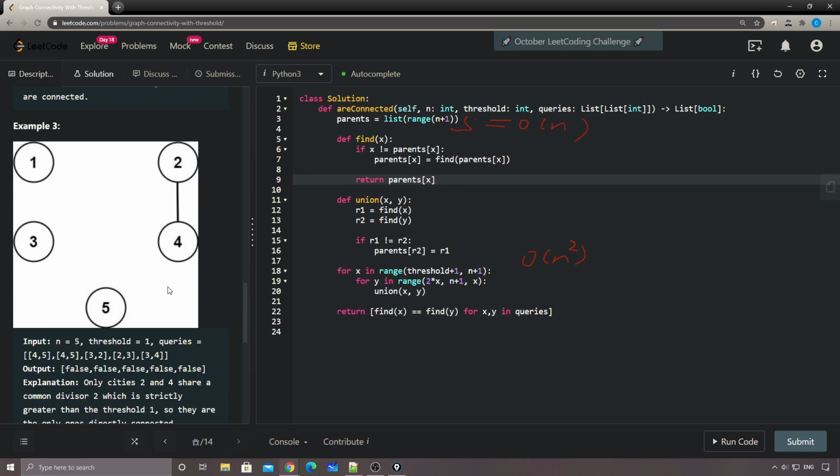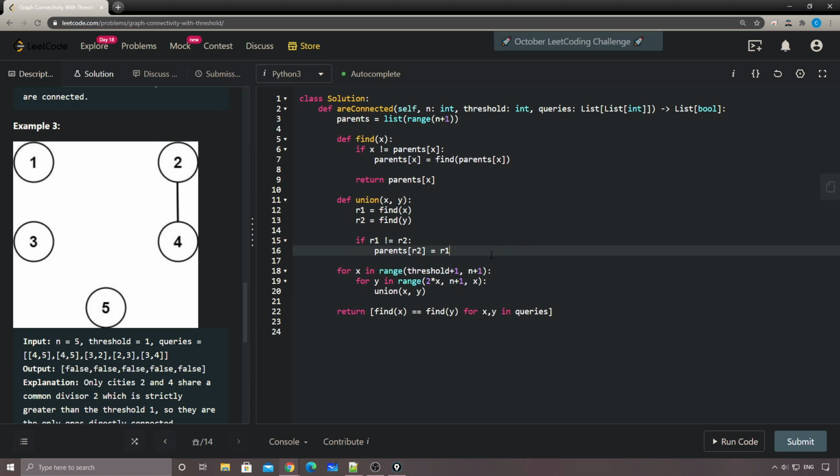But as you guys have seen, for 16 and 9, those numbers are connected by different numbers, but not because of 16 and 9 themselves. So that tells us we have to build the entire graph beforehand. We cannot build the graph only using 16 and 9.